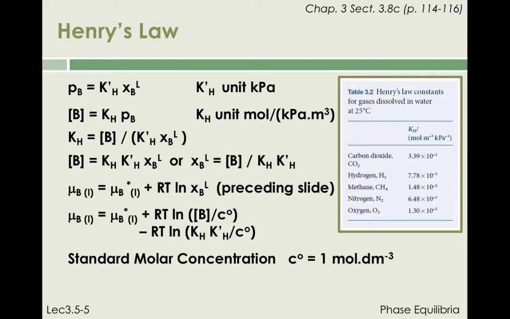So we can finally write mu B liquid equal mu B liquid standard plus RT times the natural log of the ratio of molarity of B divided by the standard concentration. Note that when the molarity of B is equal to 1 mole per liter, then indeed mu B L is equal to mu B L standard.